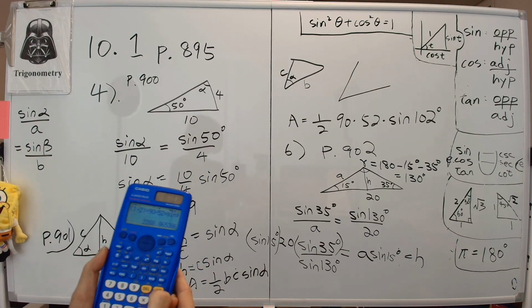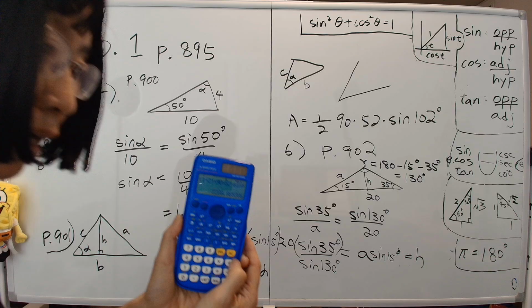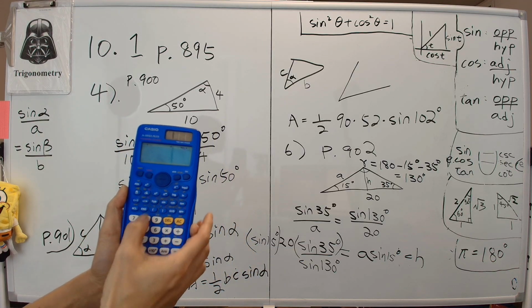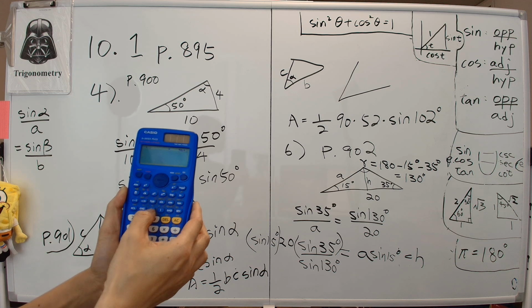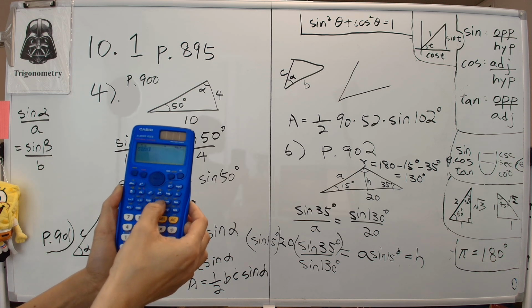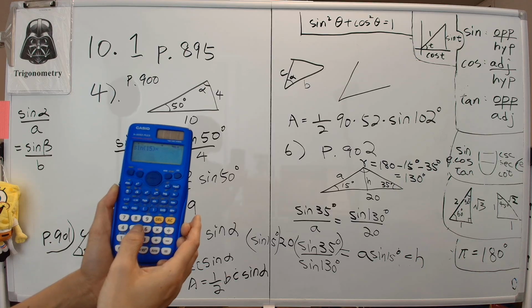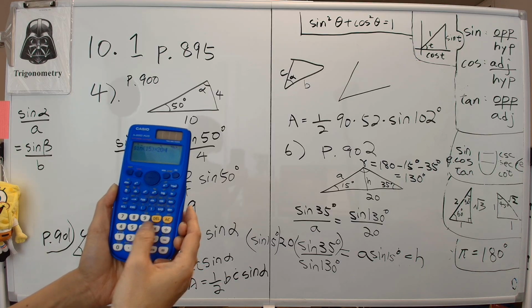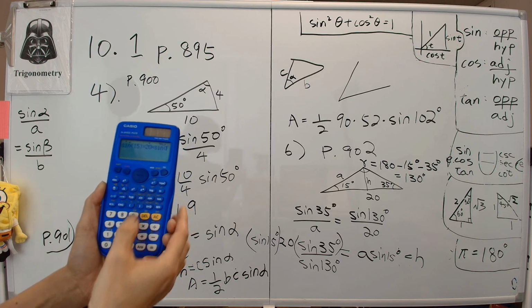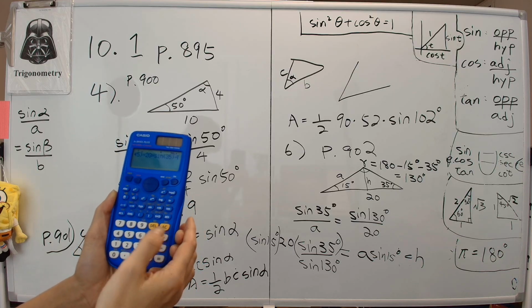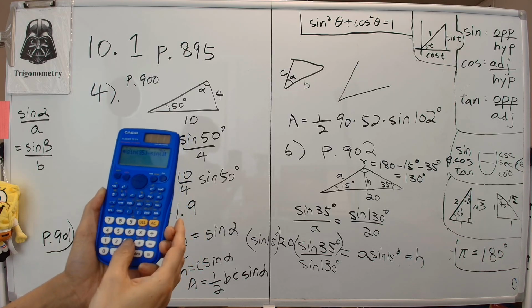So doing this, I think you can see it okay. We have sine 15 degrees times 20 times sine of 35 degrees divided by sine of 130 degrees.